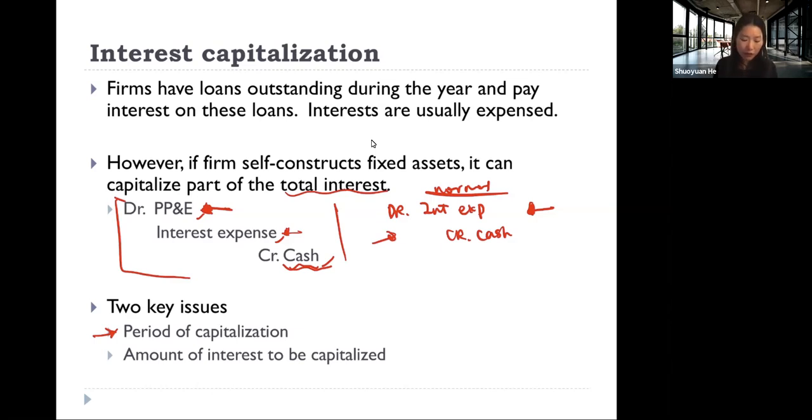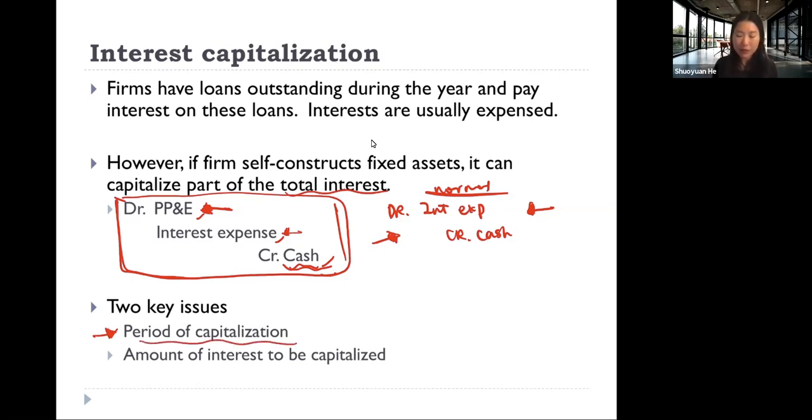The first key issue here is the period of capitalization. If the firm is making this journal entry every month, for how many months can the firm keep making this journal entry until it needs to go back to its normal case journal entry to record interest expense?